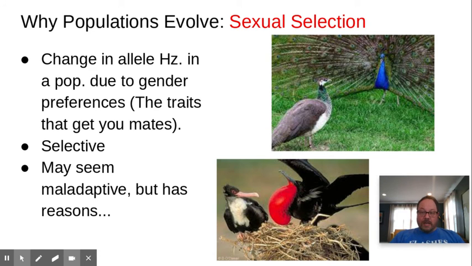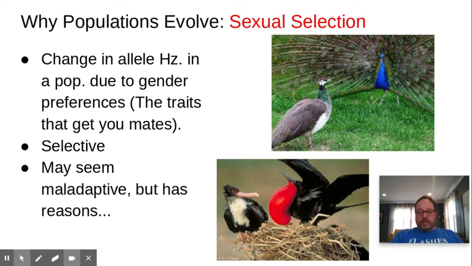So, like a male peacock will have this big, extravagant plumage, making it more readily or obviously present to predators. But what it can do is try and signal some underlying genetic endowment, like, okay, I've got such good genes that I can support this big, crazy decorative plumage and survive in the presence of predators.